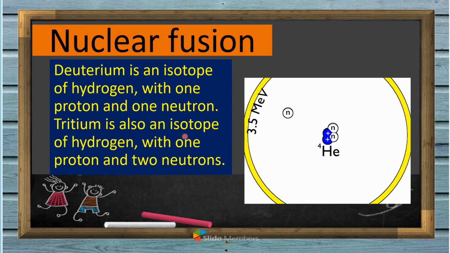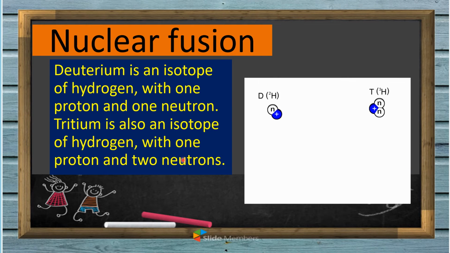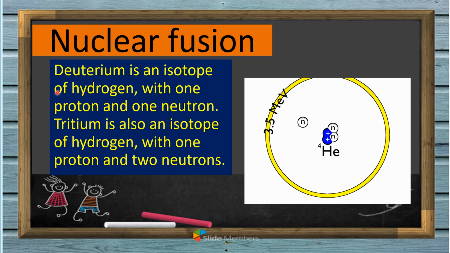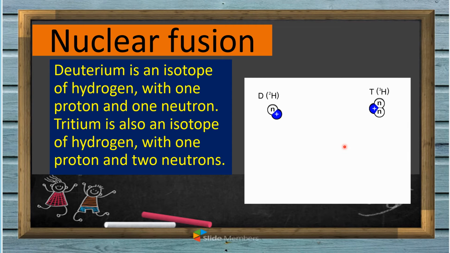Tritium is another isotope of hydrogen with one proton and two neutrons. So this one is tritium having two neutrons and one proton. When deuterium and tritium fuse together, that is what we call nuclear fusion.